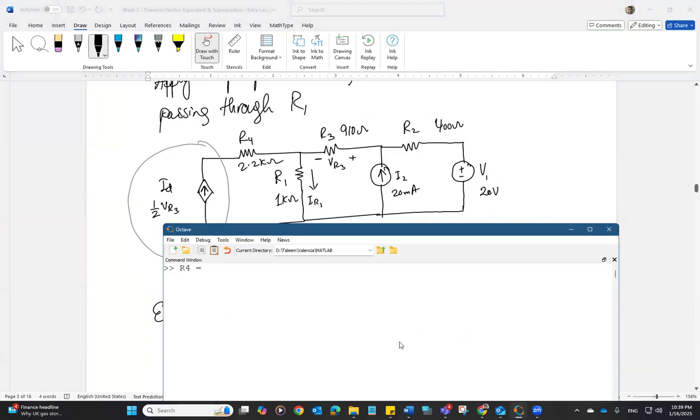R4 is 2.2K, R1 is 1K, R3 is 910 ohms, R2 is 400 ohms, and I2 is 20 milliampere.